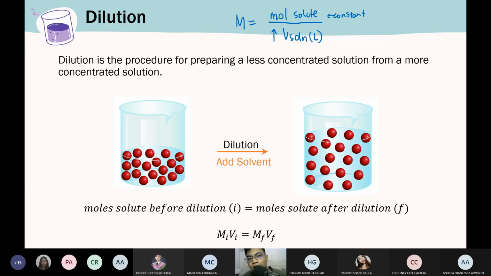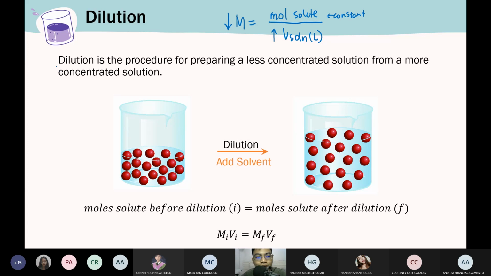And look at the equation. No? The volume of the solution and the molarity appears to be indirectly proportional. So meaning, yung isa nasa numerator, isa nasa denominator. What does it mean for math? Kapag tumaas itong nasa denominator, bababa itong nasa numerator because they are inversely related. So meaning, when I add water to my system, I decrease the molarity.